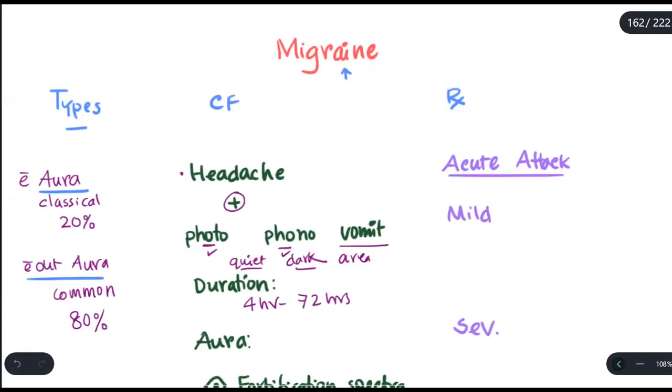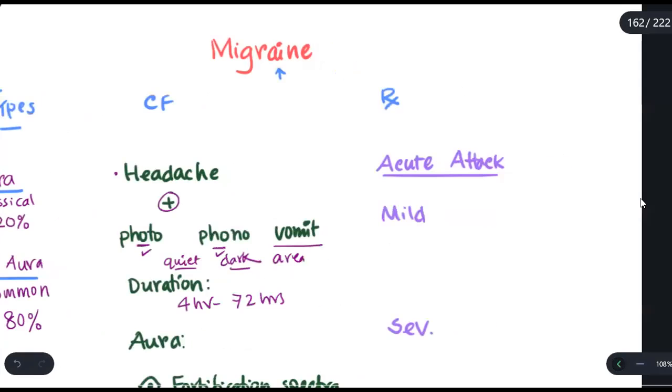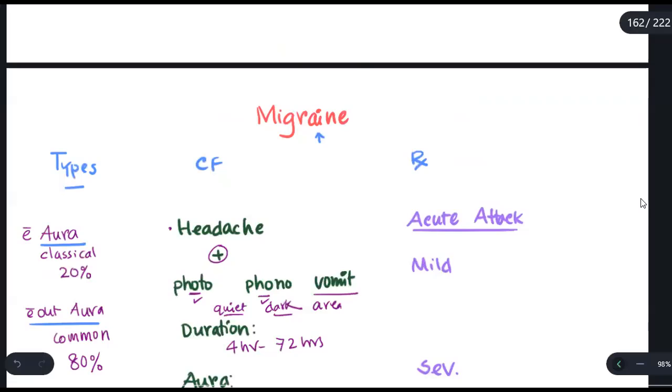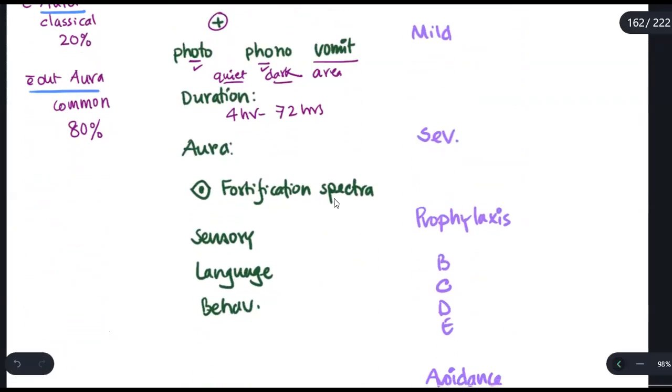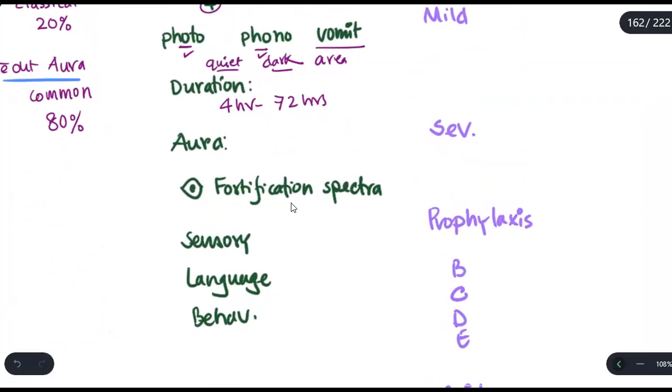Whenever a patient with migraine has aura, the aura can involve the vision.